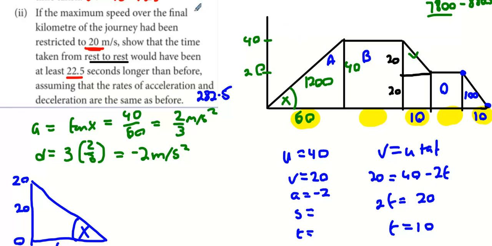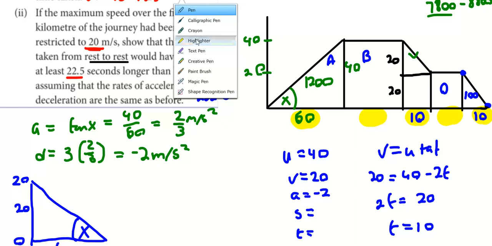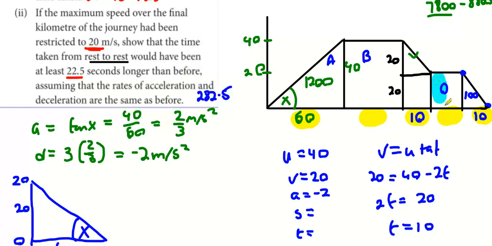Now we have learned something here: the two blue sections have to add up to one kilometer, because you have to be at 20 for the last kilometer. That will make area D what? Area D will be 900. Okay, that's my fault there. So area D will be 900.